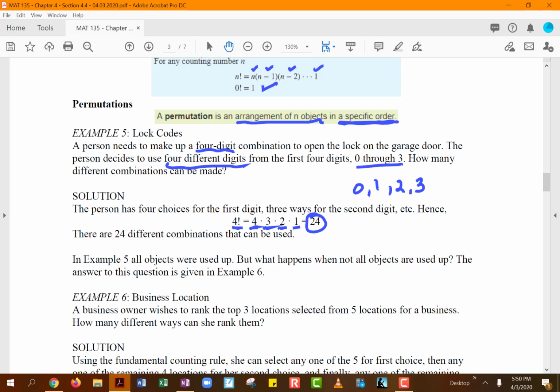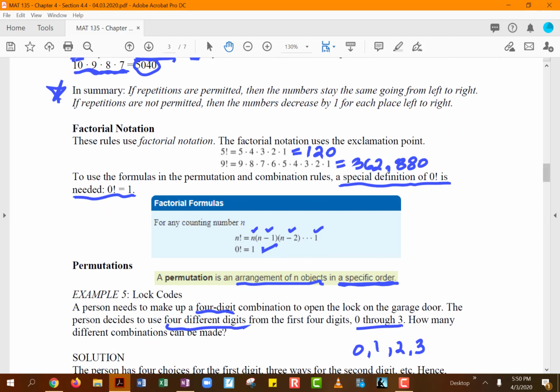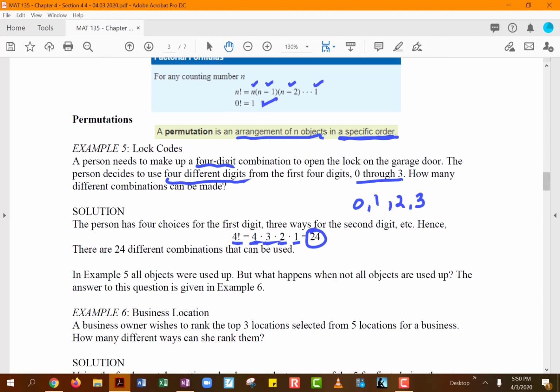Now, if I was this person, I would use everything from 0 to 9, because that will, of course, give you more combinations, because as you can see here with 9 factorial, you are going to get a lot more options, but of course, you are not creating a 9-digit combination for your garage door, right?